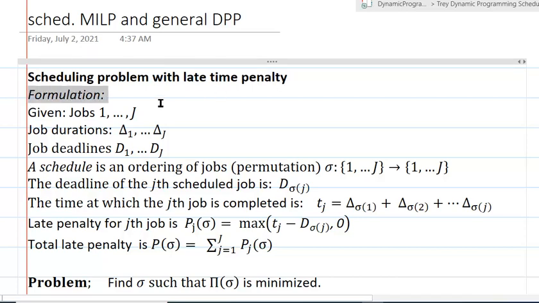All right. So we're given jobs, 1 to capital J. Now, you'll notice that I use capital J and small j. I use capital letters for total numbers that are fixed. I use small letters for running indices. So the index small j runs from 1 to capital J. Now, when you're talking about it, it may be a little confusing.